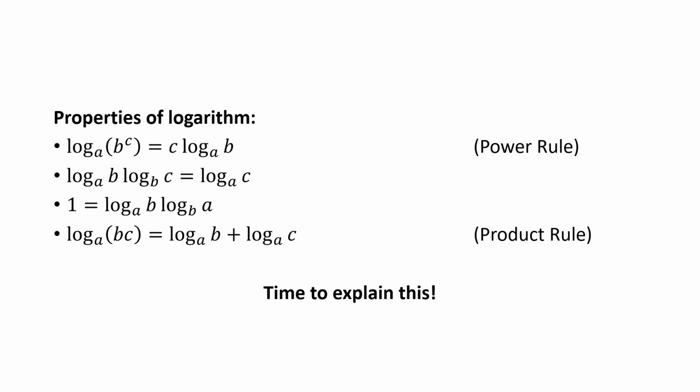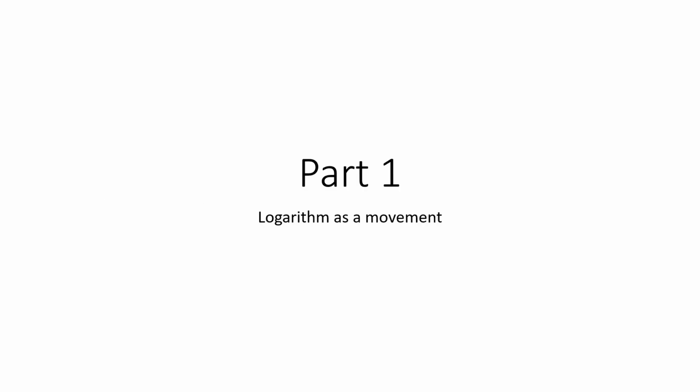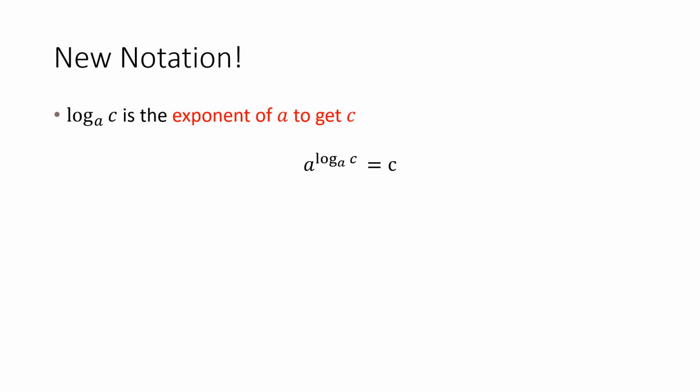So we've now described the definition of logarithm. Let's now try to explain the properties of logarithm using one of the perspectives. We said earlier that log base a of c is the exponent of a to get to c. And so, a to the power of log base a of c is by definition c.